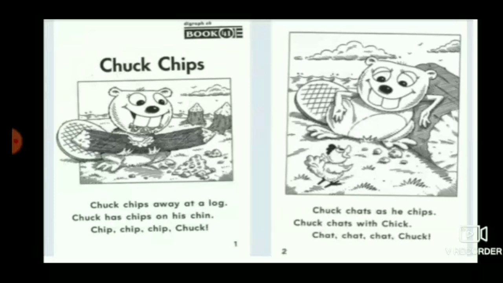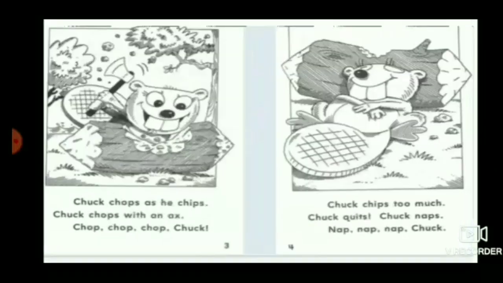Chat, chat, chat, chat. Chuck chops as he chips. Chuck chops with an axe. Chop, chop, chop, Chuck. Chuck chips too much. Chuck quits. Chuck naps. Nap, nap, nap, Chuck.